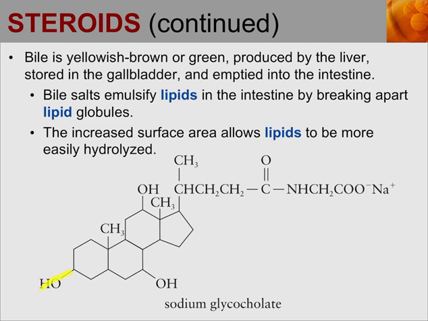So we've got some alcohols here, a couple methyl groups, another alcohol, and then this really long amide chain. So this is an amide, note the nitrogen there, and the carbonyl group. And this is what helps to break apart lipids from each other so that we can then hydrolyze them.